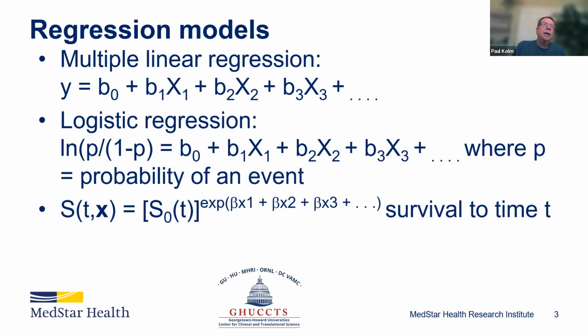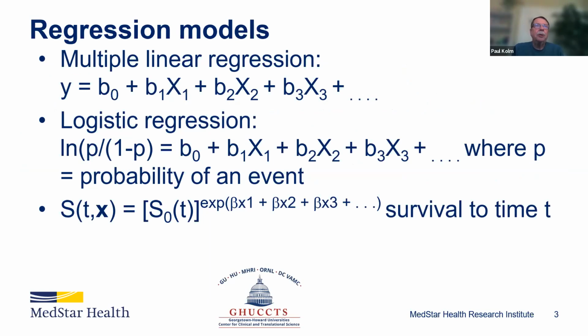So the regression models that we want to develop are the typical multiple linear regression or logistic regression, and then survival analysis, where we have, in all three cases, similar regression equations. That is, we have predictor variables and then a regression coefficient for each variable.